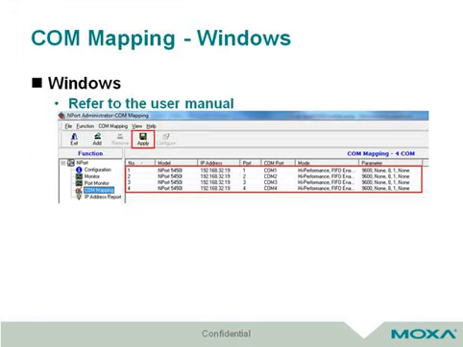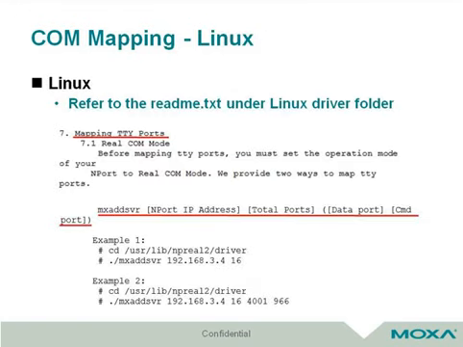In driver side, after installation, you need to make COM port or TTY port for different OS. For Windows, you need to add COM port, then select Apply to make the settings effective. For Linux, you need to go into the driver folder, then execute the command. If you execute the command with IP address and total ports only, the data port and command port will be assigned automatically.